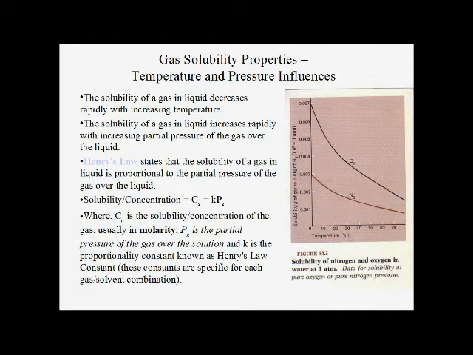Gases, on the other hand, the solubility of gases decreases with increasing temperature. We have a number of compounds that are gas dissolved in water, from soda water, carbonic acid. A number of our acids are gases dissolved in water. Hydrochloric acid is hydrogen chloride dissolved in water. Sulfuric acid is sulfur trioxide dissolved in water.